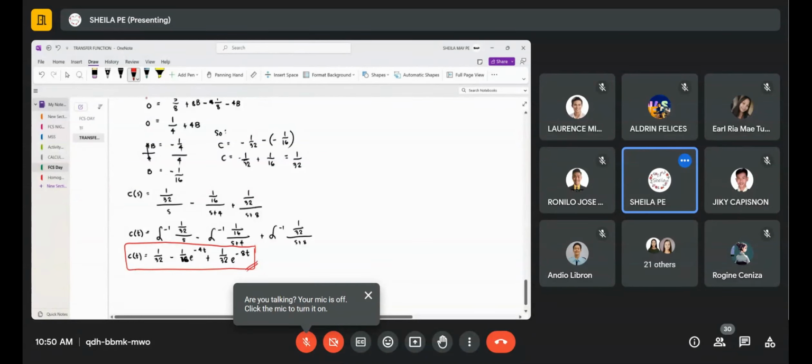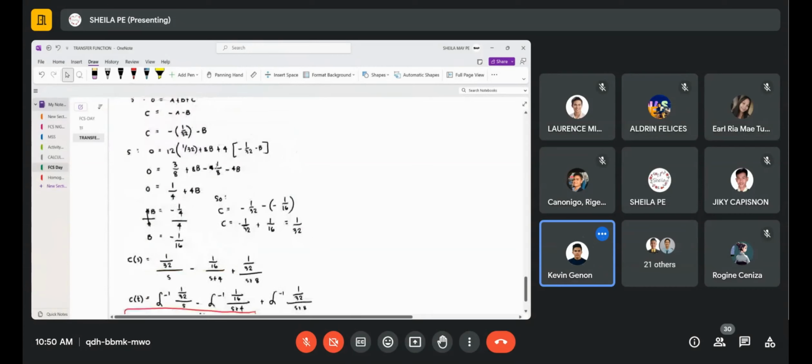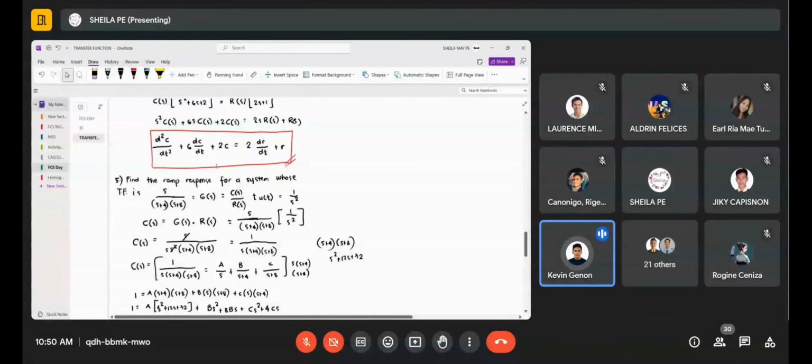Nagka-follow ra ba? Ano ko'y question ba? Yes, ma'am. May question? Unsay question? Pwede pa scroll up gamay man. Kana dran PF is kanang dira sa una man ba?